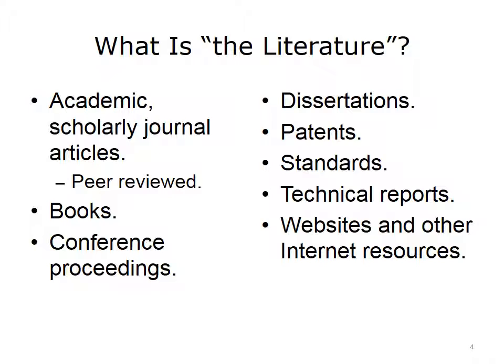In other words, the reviewers and the authors do not know who one another are. This is particularly valuable because it increases the reliability and hopefully the validity of those sources. Books, conference proceedings, dissertations from doctoral students, and patents are also fair game. You just have to determine the scope and purpose of your literature review.